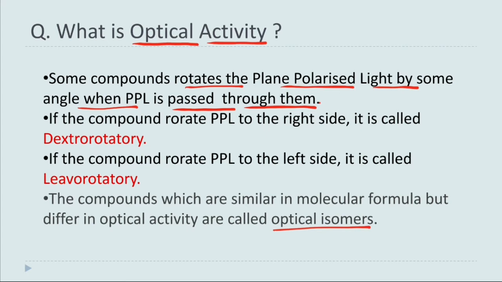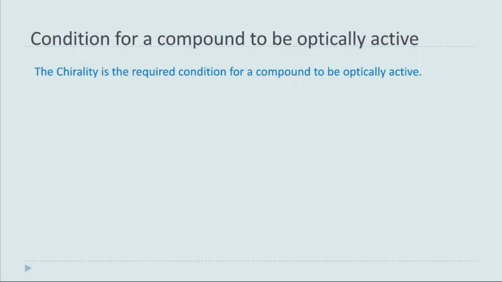Now what is the responsible factor for a compound to be optically active? मतलब कि ऐसी क्या प्रॉपर्टी किसी कंपाउंड में होनी चाहिए कि वो ऑप्टिकली एक्टिविटी को शो करेगा? तो देखिए, the important condition for any compound to be optically active is chirality.